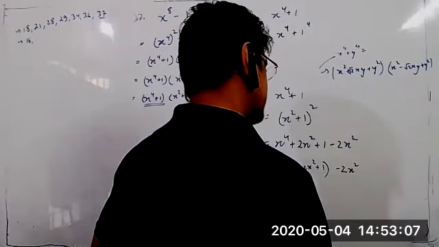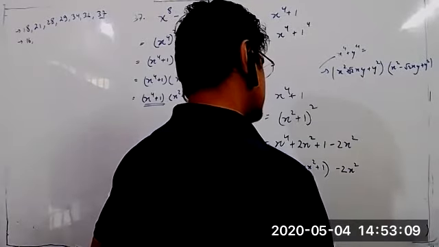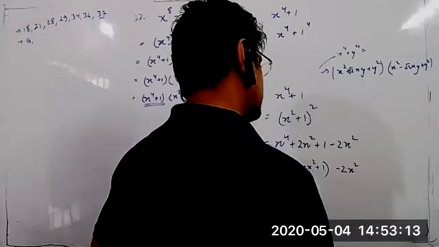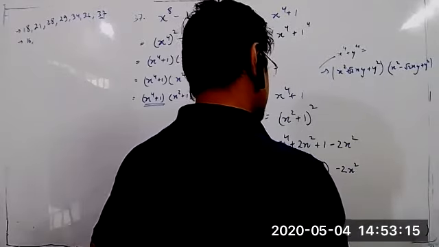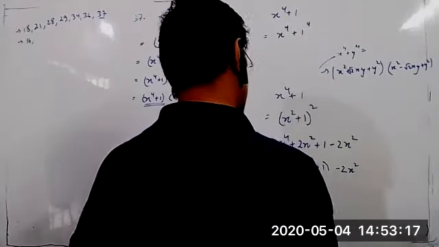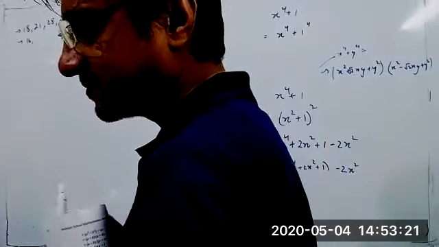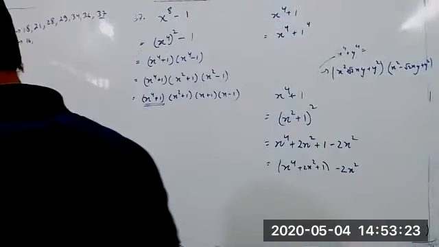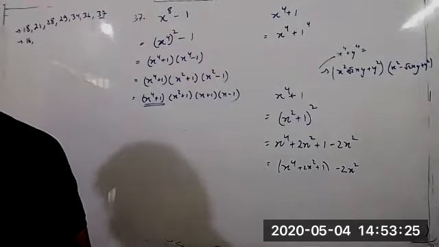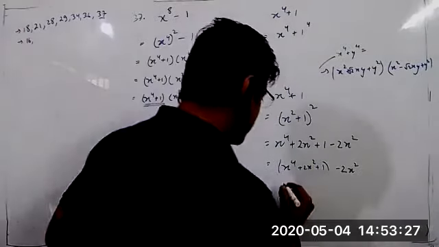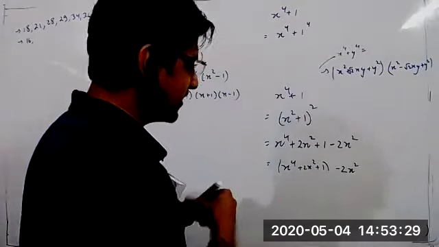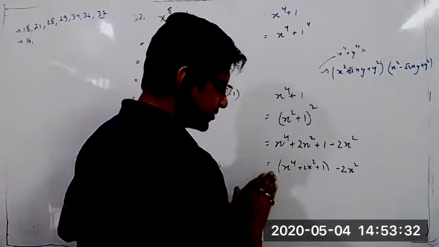Then, x square plus 1. I mean, till now, should I rub, or should I continue after this?